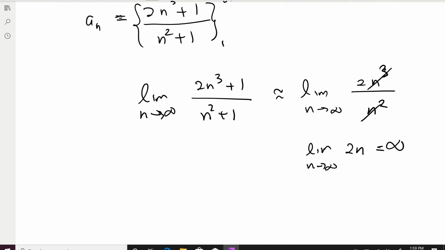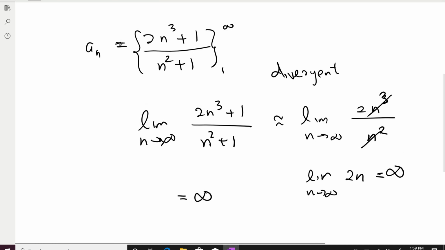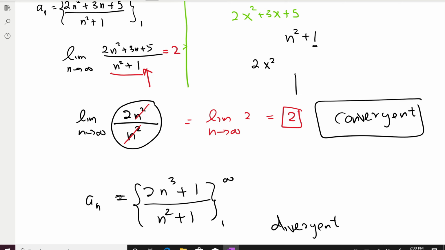Well, it's infinity. No way around that. 2n gets large when n goes to infinity. So the limit of this sequence is actually infinity when n goes to infinity. So this is a divergent sequence. Oops, I forgot for the first sequence to mention the convergence or divergence. This is a convergent sequence, right? The first example, because the limit is a finite number, so it's convergent.